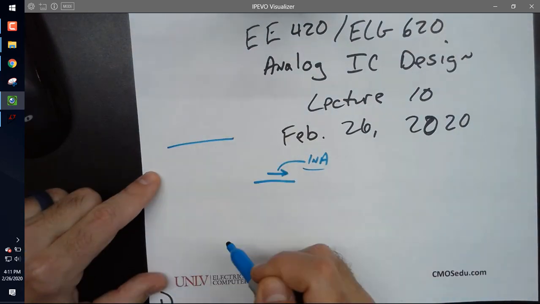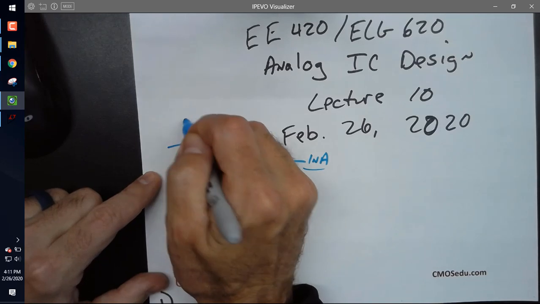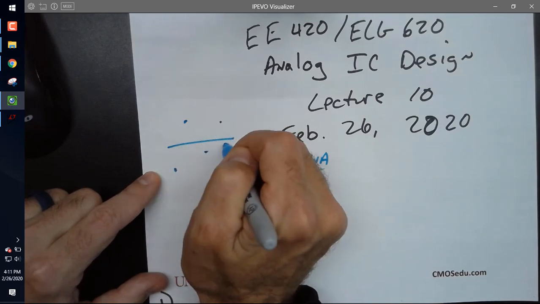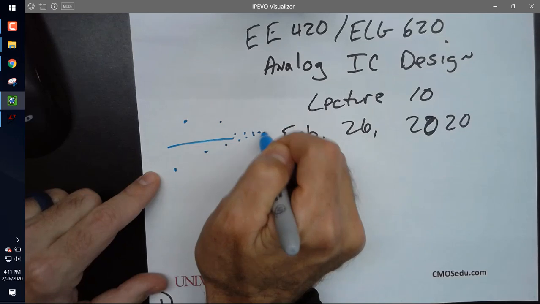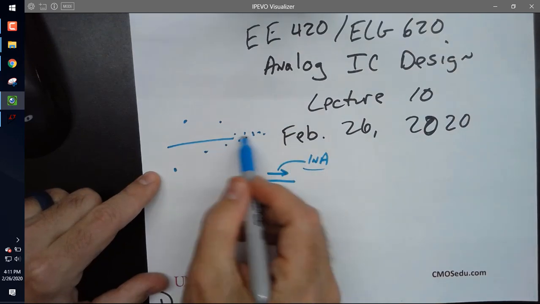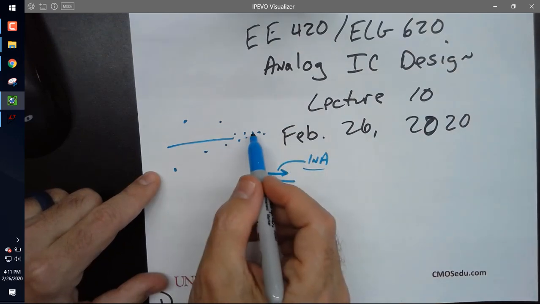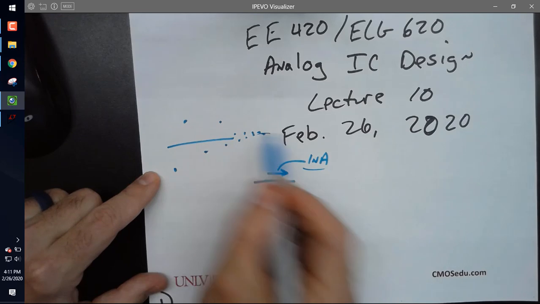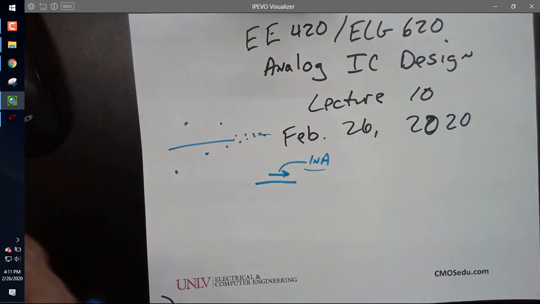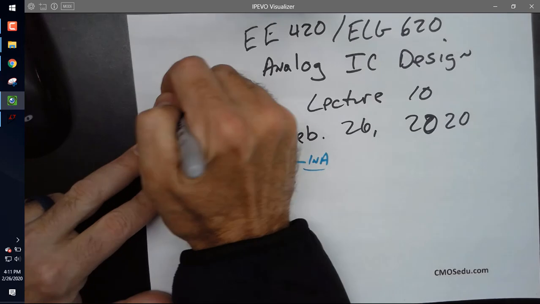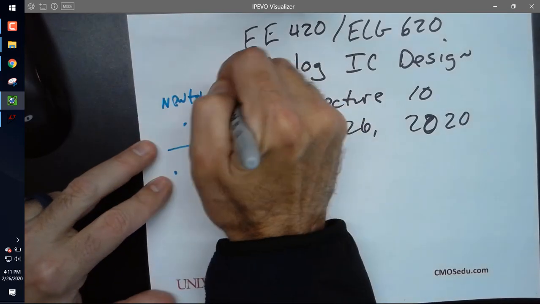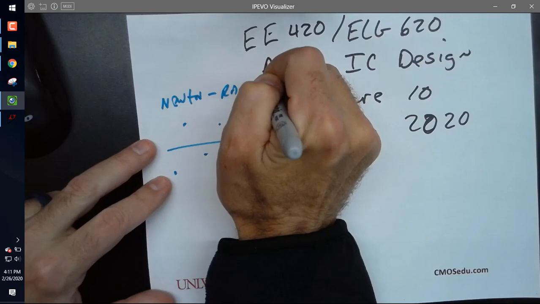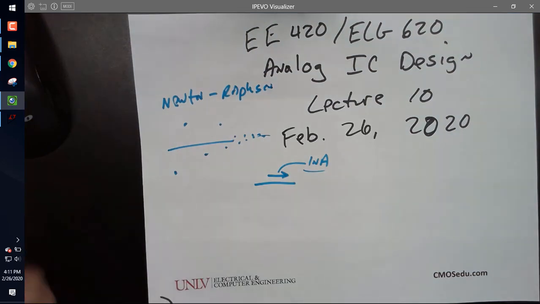So if this is your value, you might start here, then go here, then here, and you can keep going, but you never actually get right to the correct value. So you stop when you get within a certain range. That's called Newton-Raphson. Actually, I did my thesis on that in a numerical simulation. You can look that up on Wikipedia or whatever.